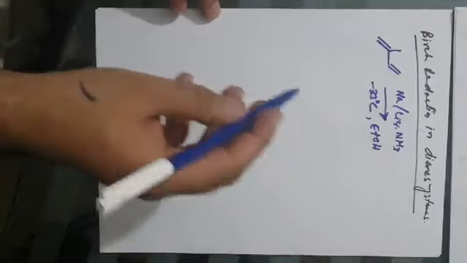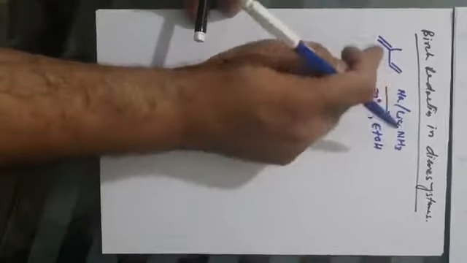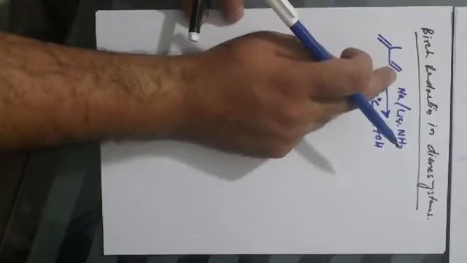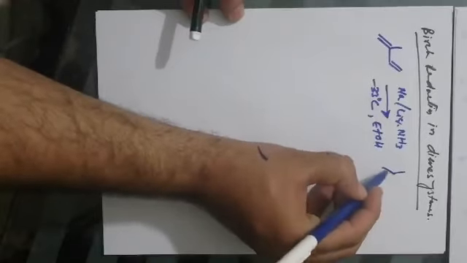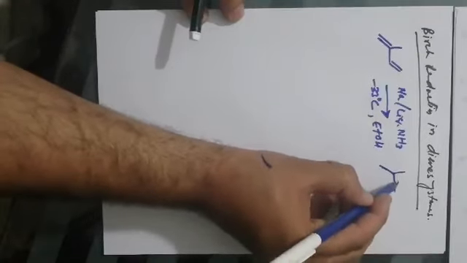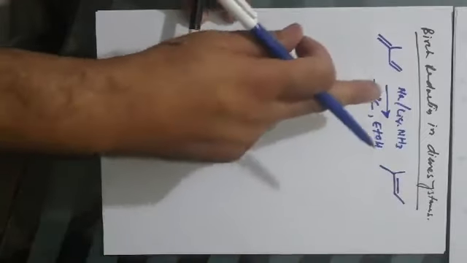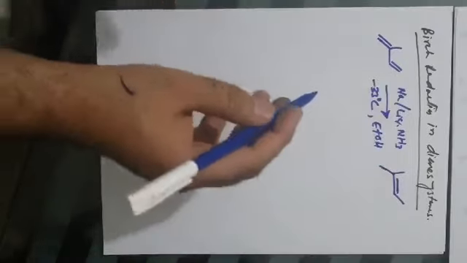Now what will be the product? The product will be the diene. If the dienes are conjugated dienes, then they will undergo the Birch reduction, and alkene will be the product.